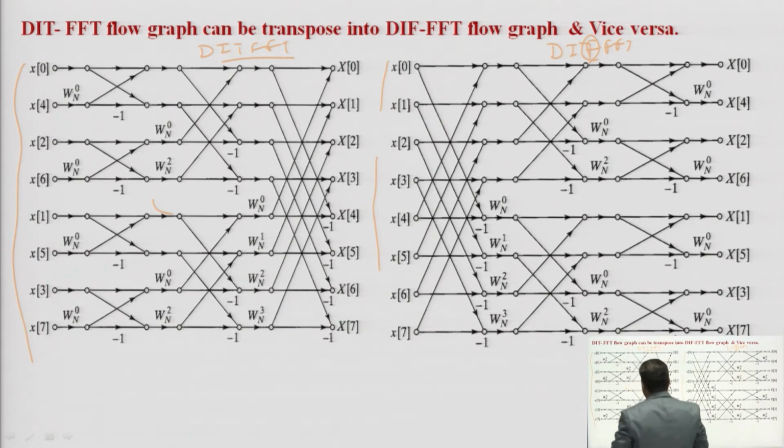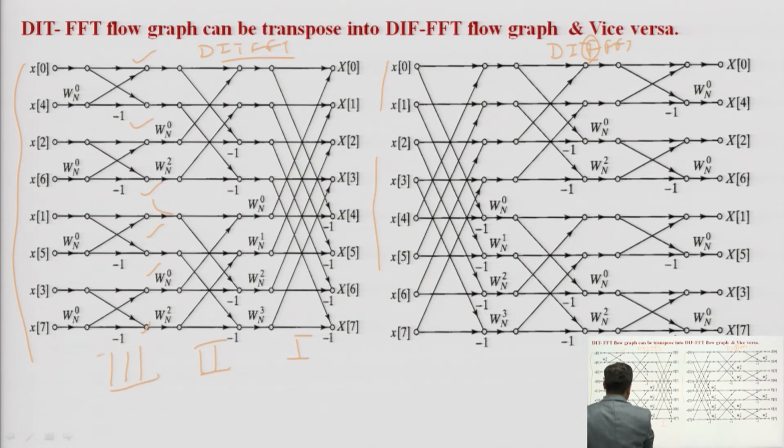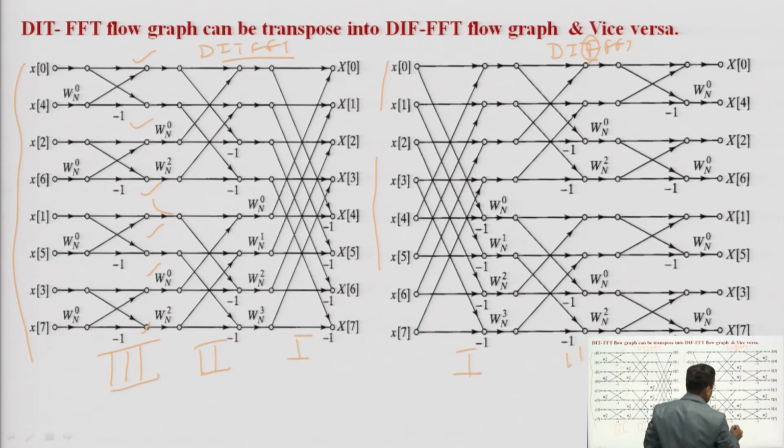Now, your butterfly structure here, this one, this one, this one, okay, because you are decimating the time domain, it will be near the time domain. Okay. So, here in decimation in time, this was your first stage of decimation, this was your second stage, and this was your third stage of decimation. Here this was the first stage of decimation, this was second, this was third.